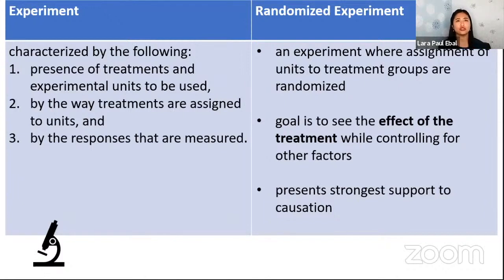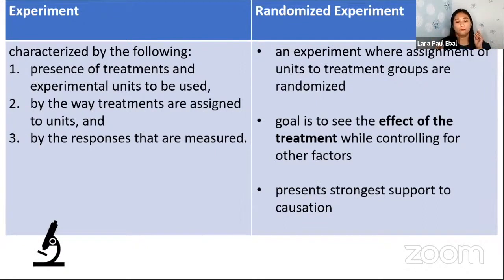So you should have a good background again of your experiment so that you can control those other factors that can affect your outcome or response, so that you can focus on the comparison of the effects of the treatments that you really want to compare. Okay? I hope you get me, no? So you have to control so that you can focus again on the treatment levels that you want to compare.